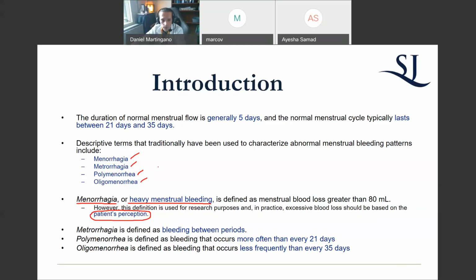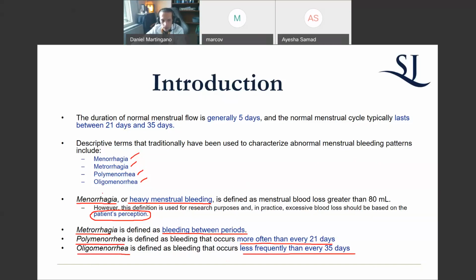Metrorrhagia is bleeding between periods. So they have their cycle, they have their 5 days, and then they're having bleeding in between that. Usually that's what a patient will say is spotting, right? Polymenorrhea means that it happens more often than every 21 days, and oligomenorrhea happens less frequently than every 35 days. You're not really going to hear these terms as much.